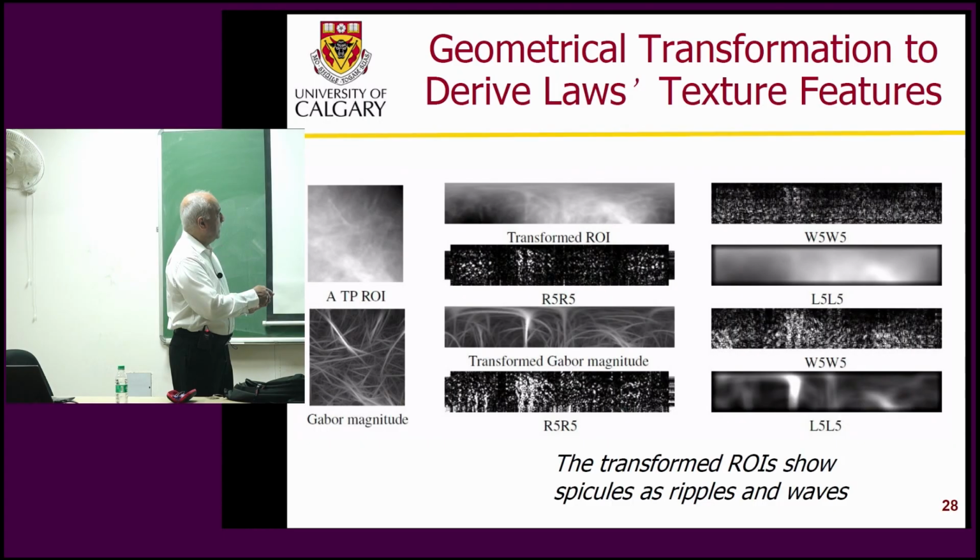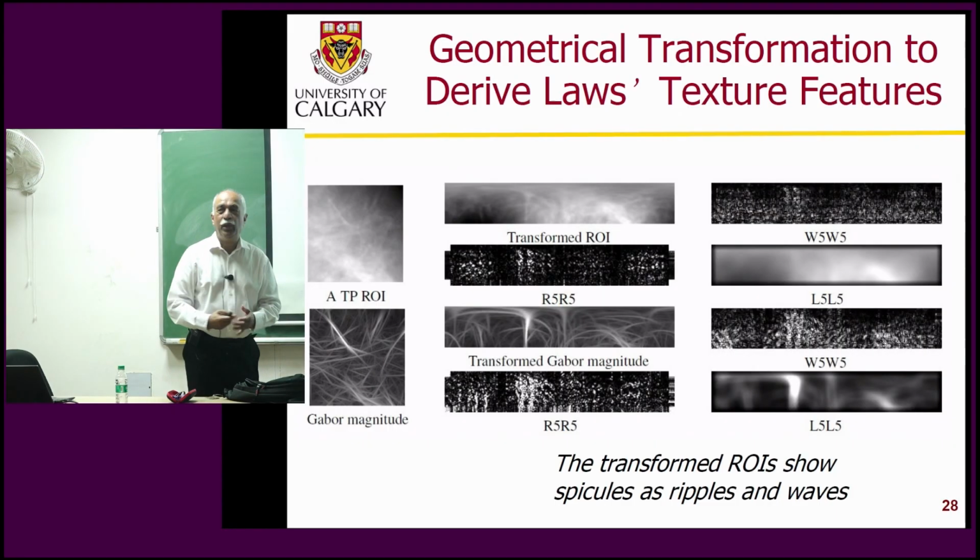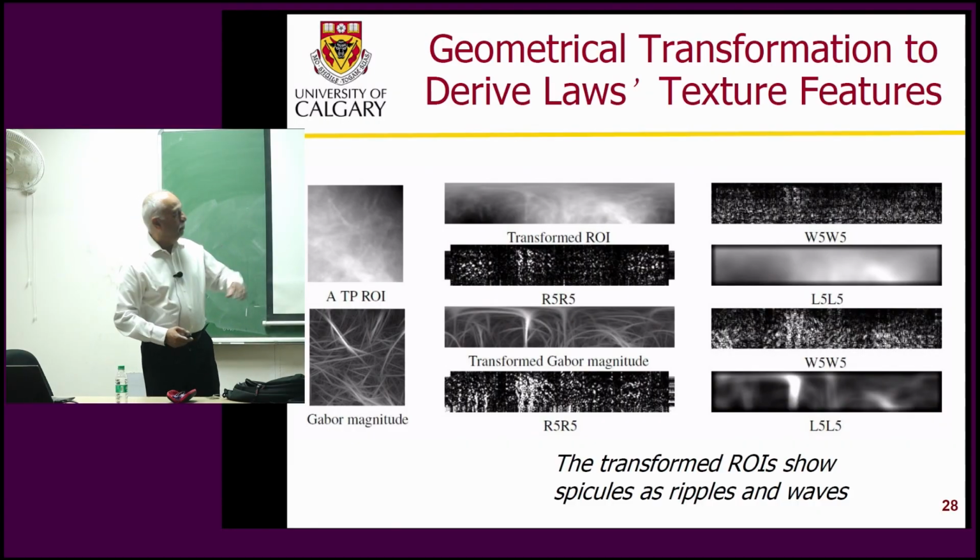For a given angle, as distance is increased, there is a line that becomes a vertical line. So if there are a number of them, then that looks like a ripple or a wave, but not in the original image. So after geometric transformation of the image and the Gabor magnitude output, we computed the wave detector W phi of Laws, ripple detector R phi, L phi.